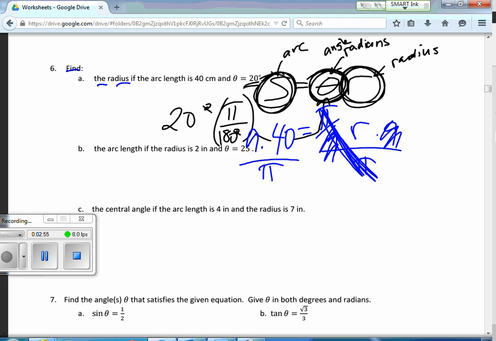If there's no calculators, which there is parts of the test, of course, where there's no calculators, if not all the tests. If they make it a no calculator test entirely, then all you have to do is write in something like this, and then simplify it as much as you can. Well, 9 times 40, you should be able to do that. 9 times 4 is 36, add a 0, 360 divided by pi. That'd be your answer on that one.